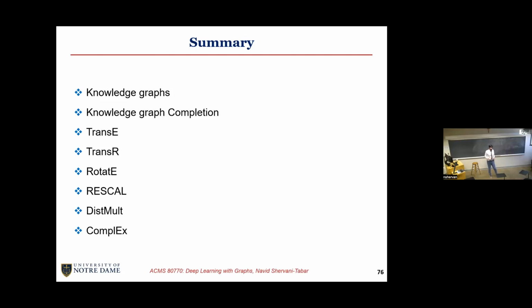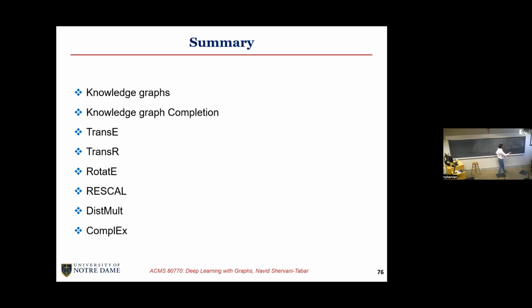We said that we are taking a shallow embedding approach to address the knowledge graph completion problem. And in these problems, we studied 6 types of decoders categorized in 2 categories. We had translational models that included TransE, TransR, and RotatE. And the essence of this was that relations are defined as translations in some space.